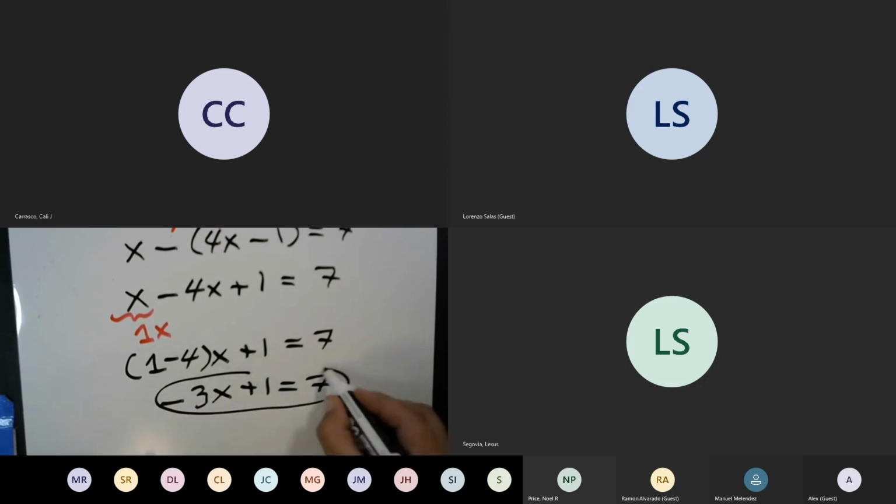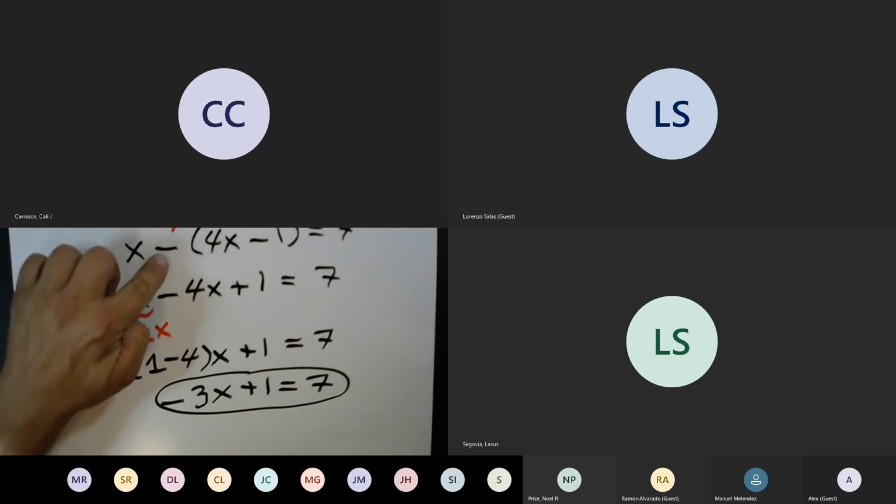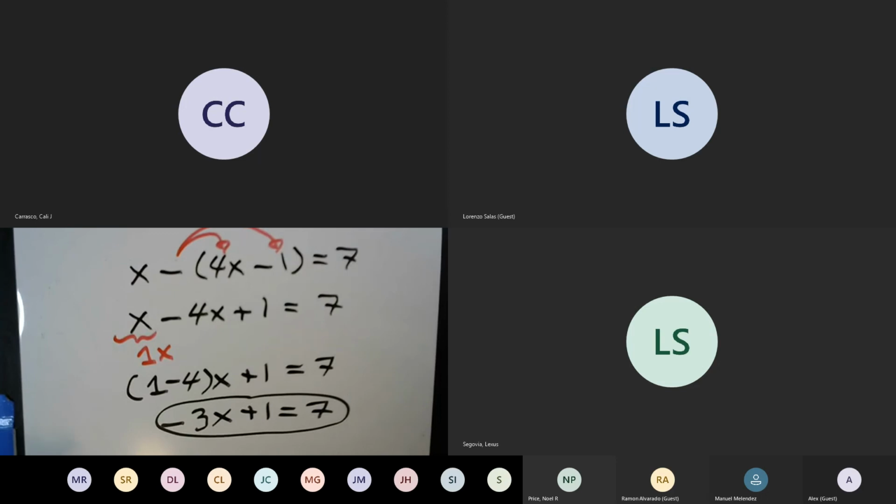And this equation, now that we simplified things down, we've distributed this minus sign, we've gathered like terms, and now we're in this equation. This we know how to solve. We're going to do PEMDAS backwards. We'll undo the addition and then undo the multiplication of -3.